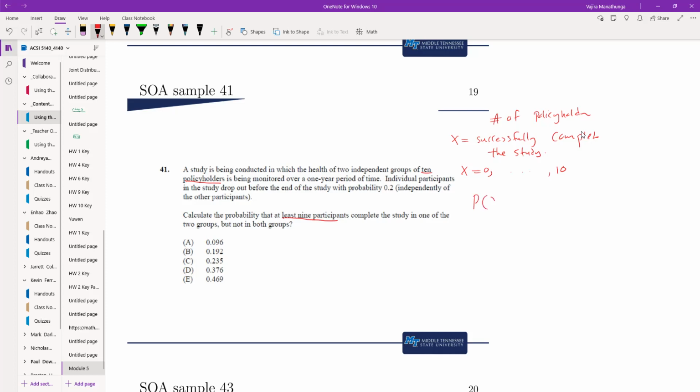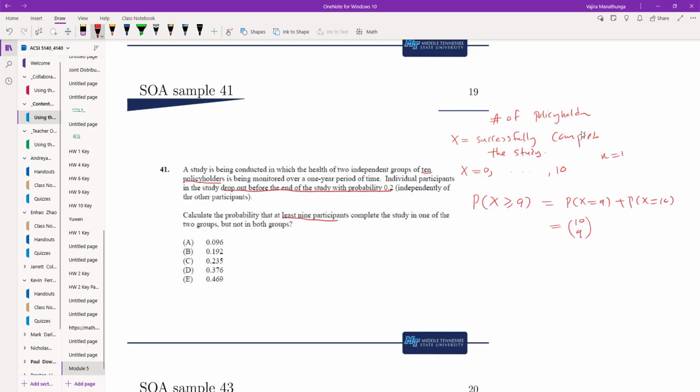So basically the probability X is greater than or equal to 9. Since it's a discrete random variable, this is the probability X equals 9 plus the probability X equals 10. So this would be 10 choose 9, and the success probability is, since the dropout probability is 0.2, 0.8.